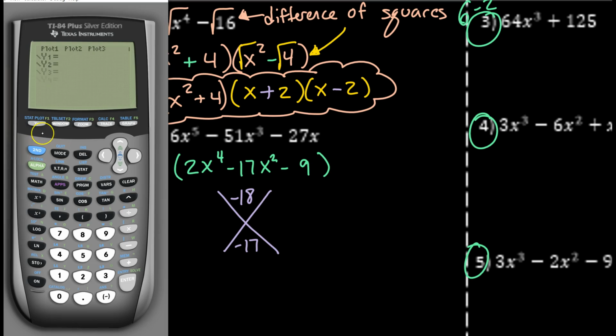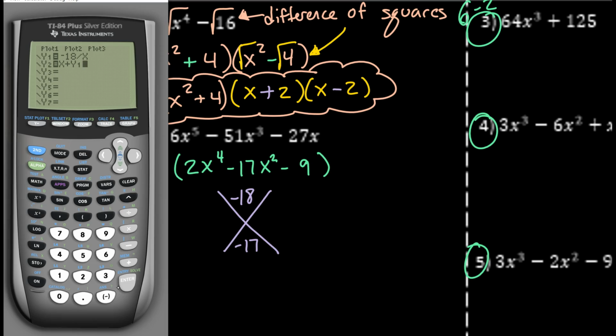No. Who remembers how to put this in your calculator to help you see these numbers? It's negative 18 divided by x, the top number divided by x. Then you put x plus y1.